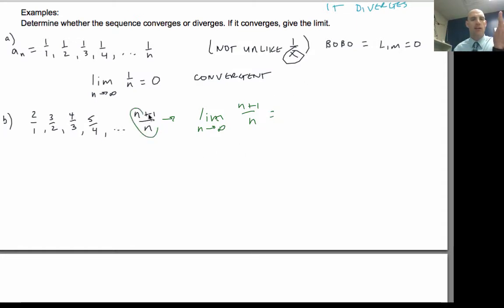So I'm really looking at these two. Compare highest power exponents. And when I compare the highest power exponents, it's equal to n over n, which is equal to 1. So my limit is 1.